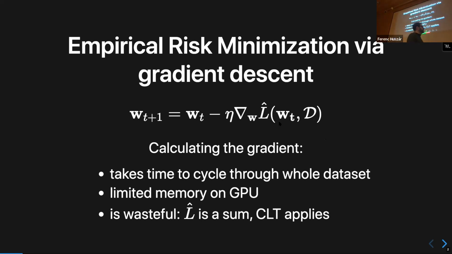Now, if we actually did it this way, it would be very difficult and impractical, because if you want to work with large data sets, then you would have to cycle through your whole data set to calculate this sum.